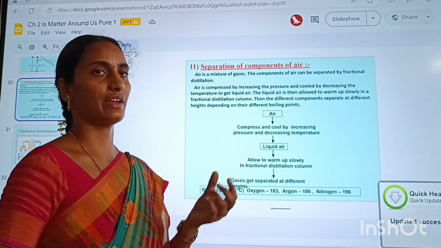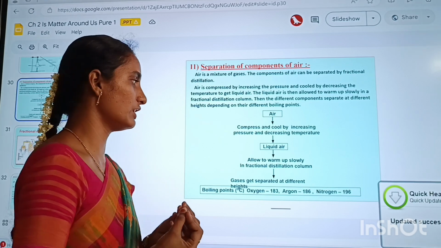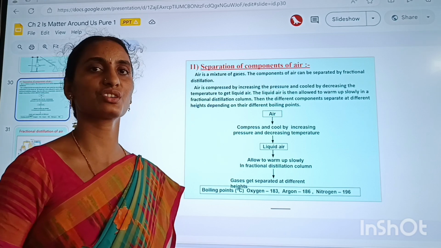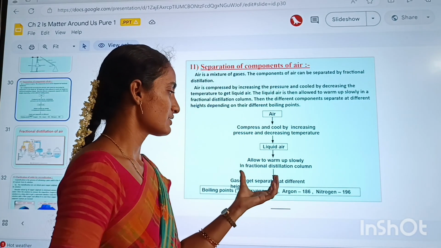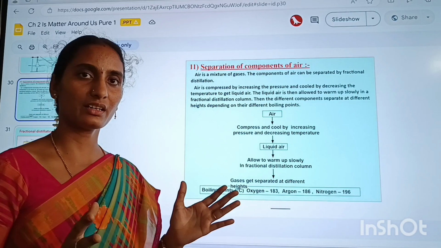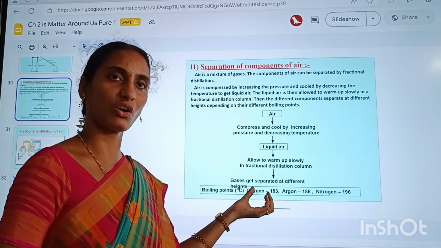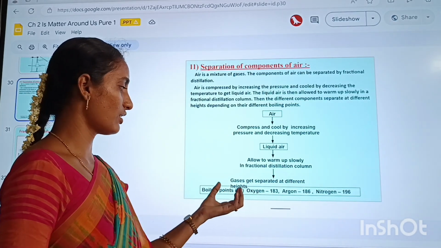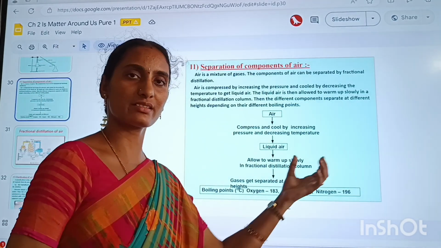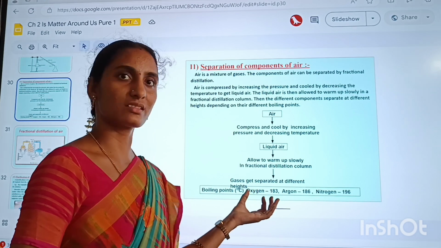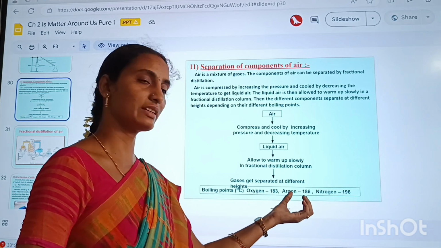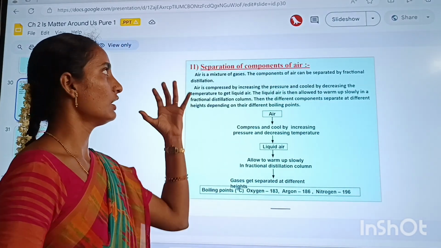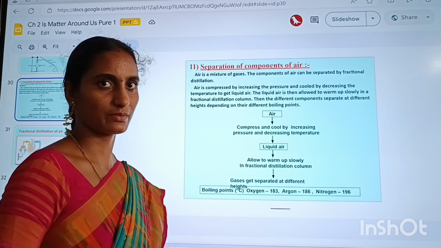When we heat this liquid air slowly, this type of distillation is an example of fractional distillation. The gases we separate from the air are oxygen, argon and nitrogen. The boiling points of these gases are different: oxygen has a boiling point of minus 183, argon minus 186, and nitrogen minus 196. This is about the separation of the components of air.